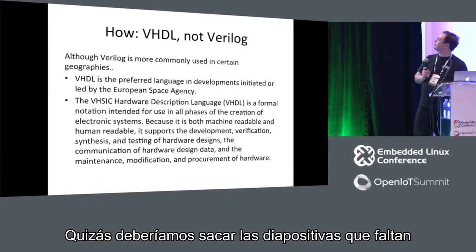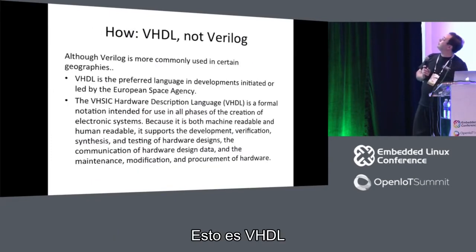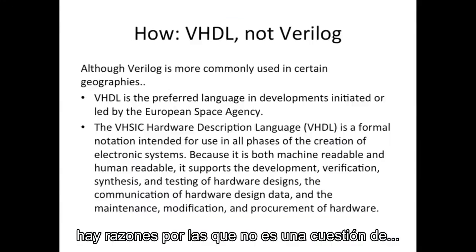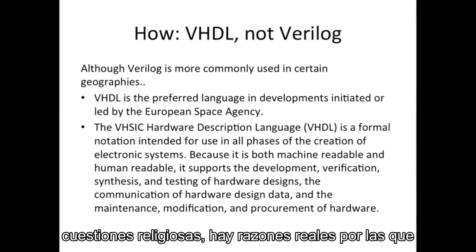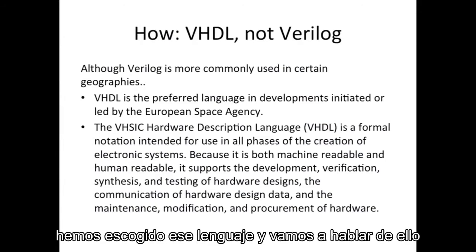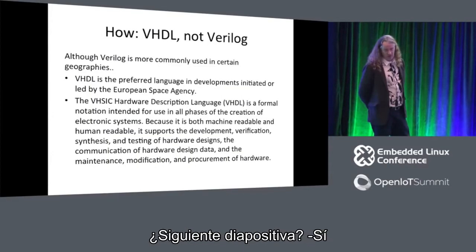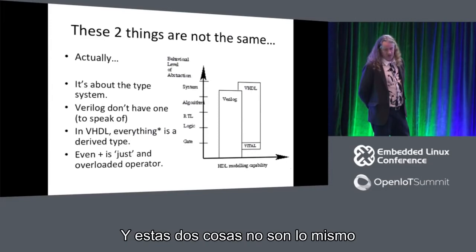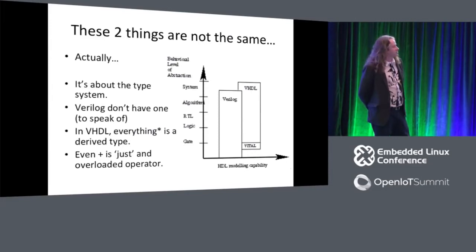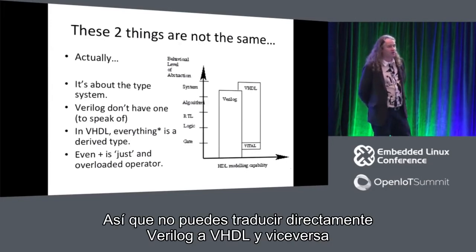Maybe we can blow through some of the remaining slides here. So this is VHDL. There are reasons for that. It's not a question of religion. There are actual real reasons why we chose that language, and we'll talk about those. And these two things are not the same. So you cannot directly translate Verilog to VHDL and vice versa.